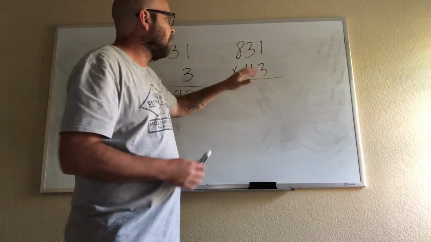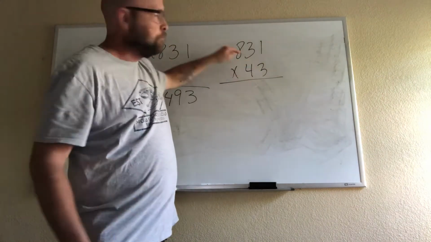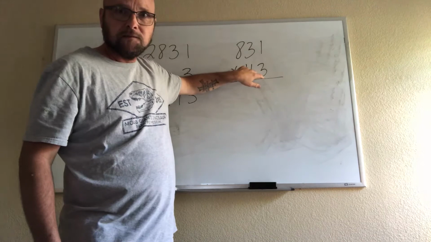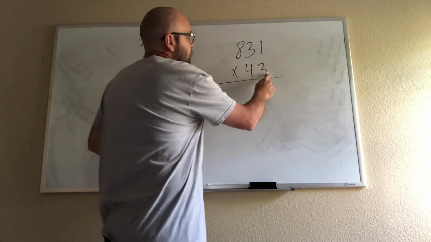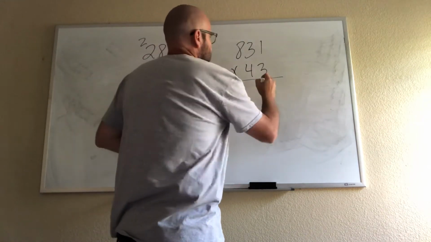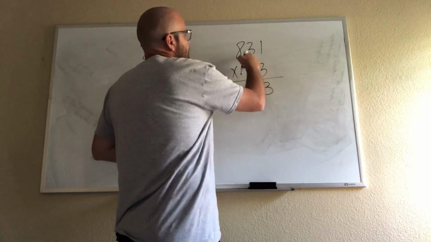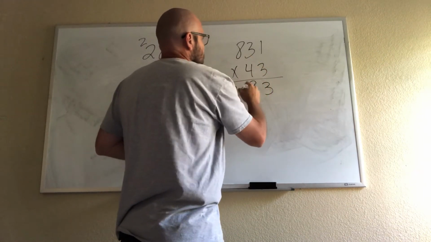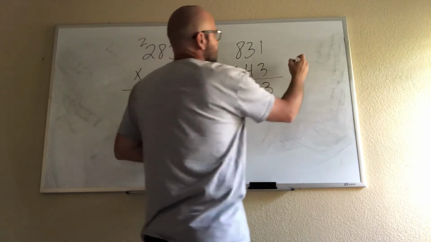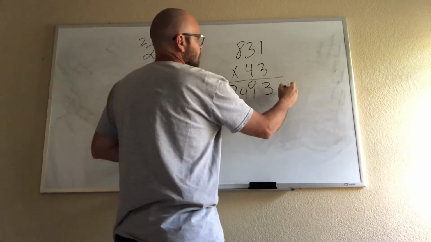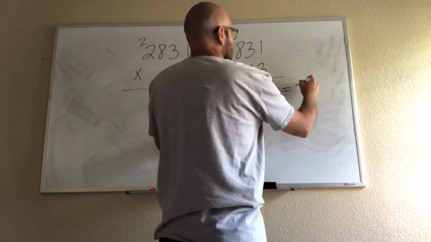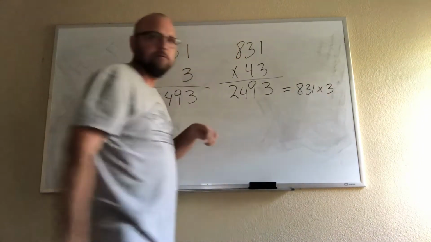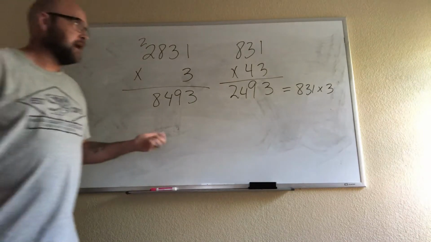So if I multiply, I start on my bottom factor, and I start in my ones place. Then it's 3 times 1 is 3. 3 times 3 is 9. 3 times 8 is 24. So what I just did here is this part right here is 831 times 3 with a one-digit factor.